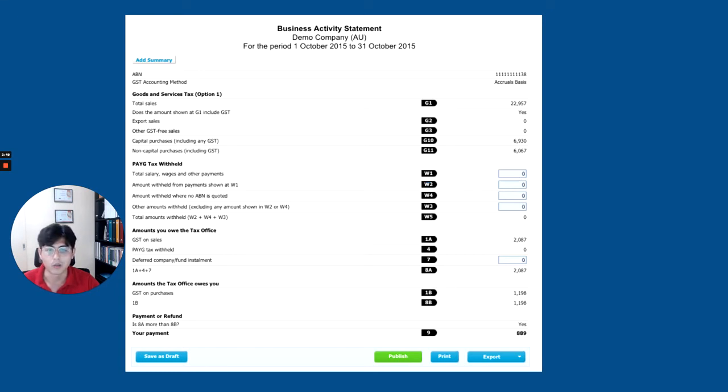Whether it be $2,000 or $3,000, what you would have to pay is just the W2 and the net GST. A lot of the time nowadays, if your GST turnover is less than 10 million, you'll only see G1, 1A, and 1B. That's called a simplified BAS.